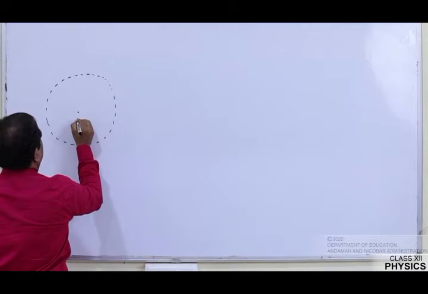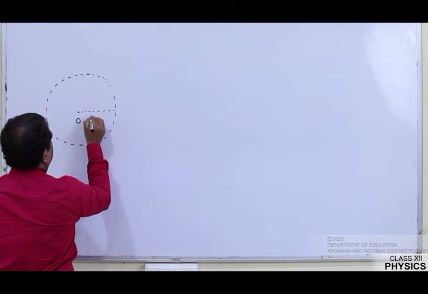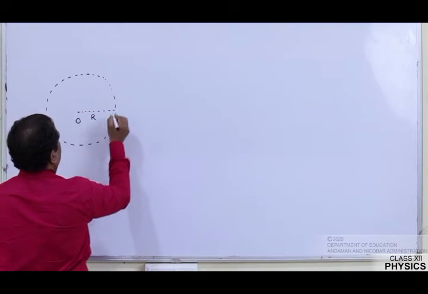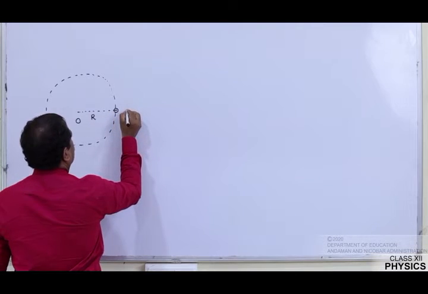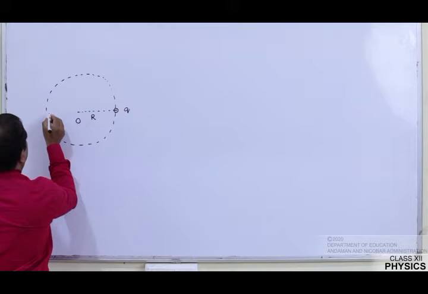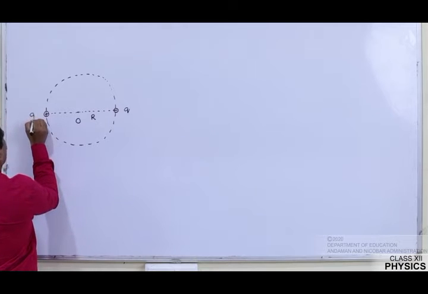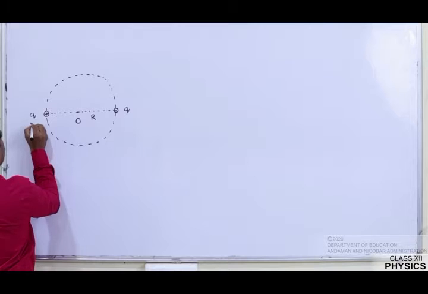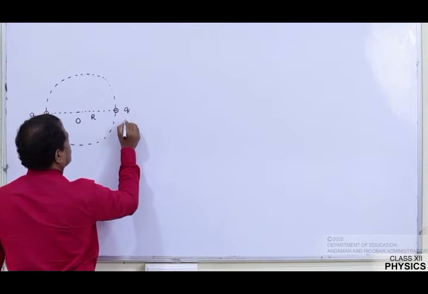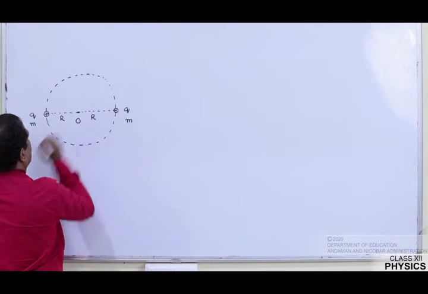Let me say that this is center O, this is radius r, and here I have one charge, minus q, and here there is a plus charge, this charge is q. This has a mass m, this charge also has mass m, and from center O this distance is r.